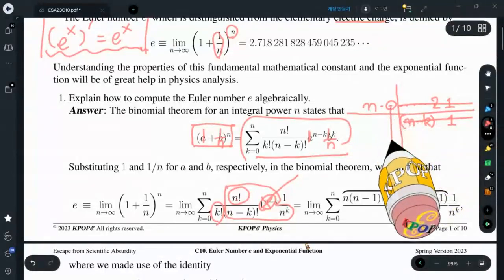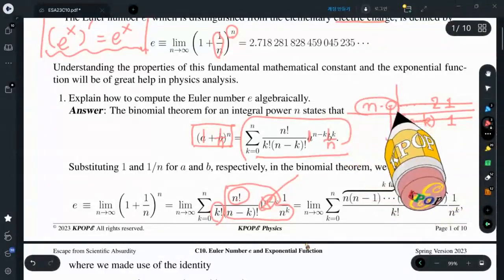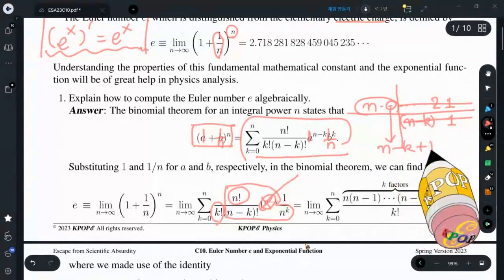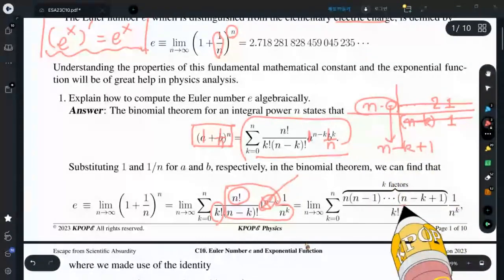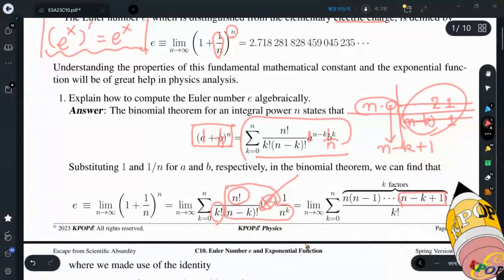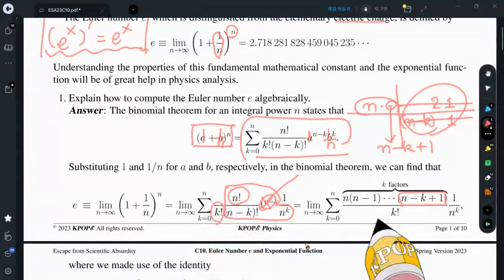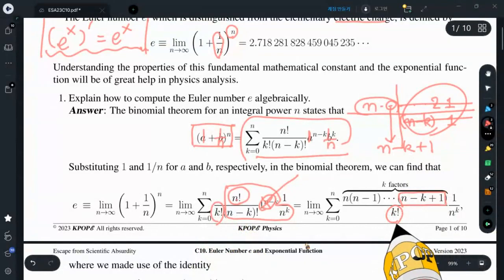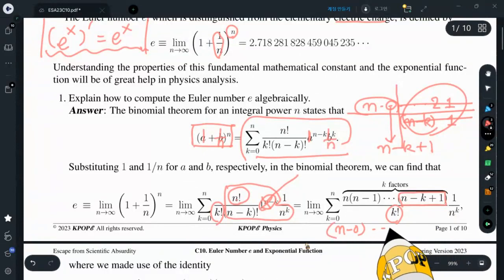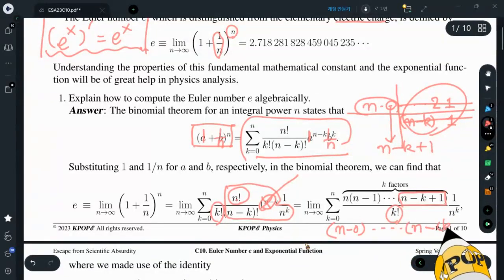So what is the smallest number in the product? That is n minus k plus 1. So we have n minus k plus 1 here after this cancellation. We still have k factorial in the denominator. And it's n minus 0 all the way through n minus k minus 1.